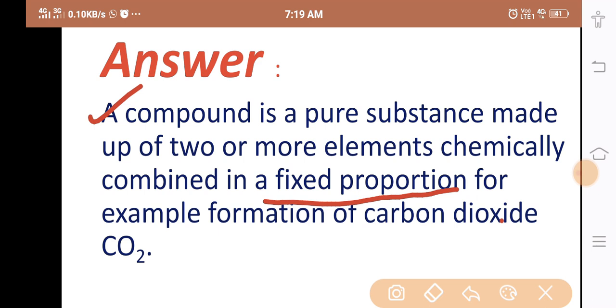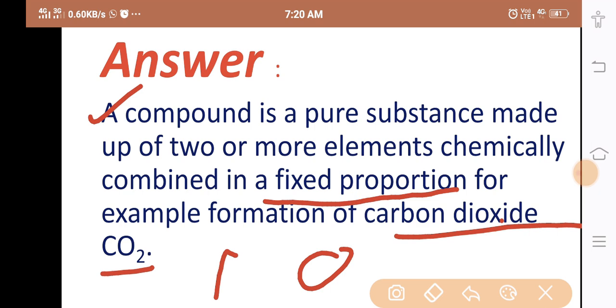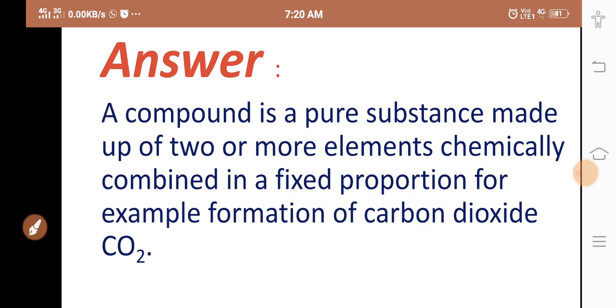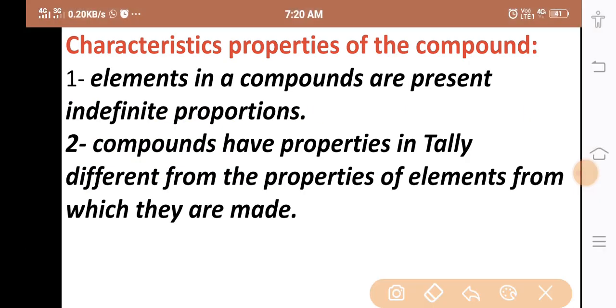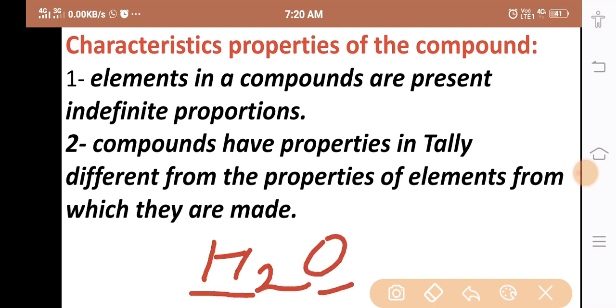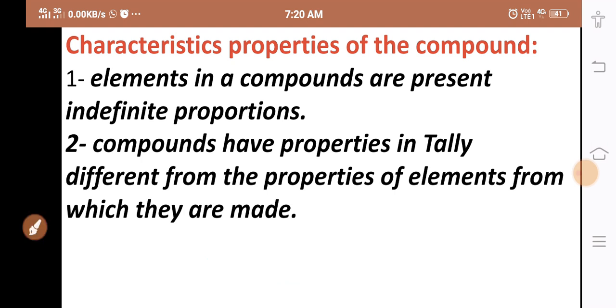For example, the formation of carbon dioxide: carbon and oxygen react together to form carbon dioxide. So it is an example of a compound. Similarly, water: hydrogen and oxygen combine in fixed proportions to form the water molecule.